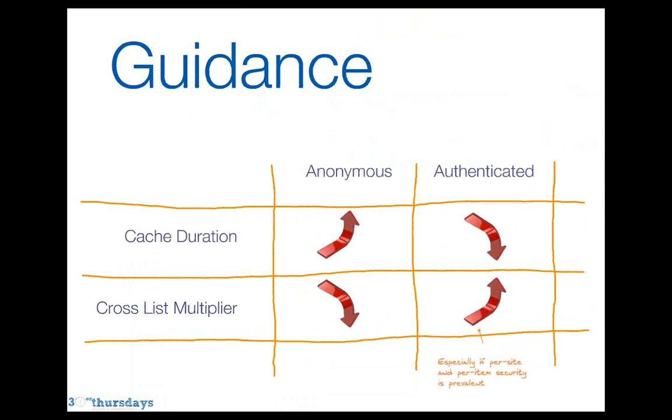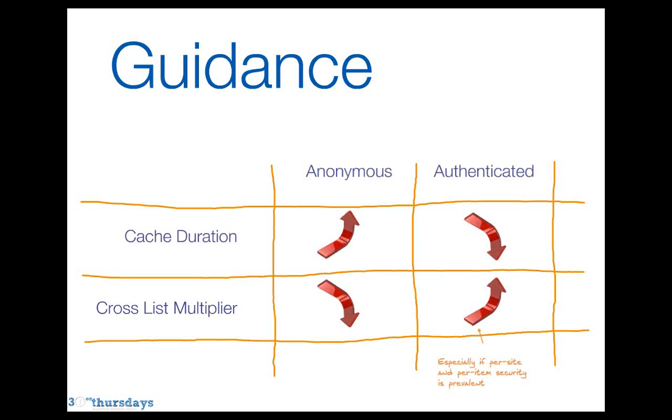Guidance for this: in purely anonymous scenarios, it's good to send your cache durations up and cross-list multipliers down. Reason being, most users are functionally equivalent. They're all anonymous, and it's typically a read-only environment. So you can cache things longer, and since users are the same, you can send the multiplier down because security trimming shouldn't be a factor.